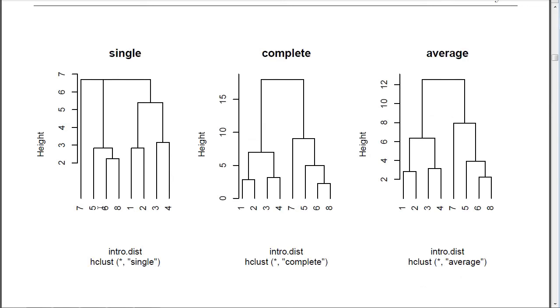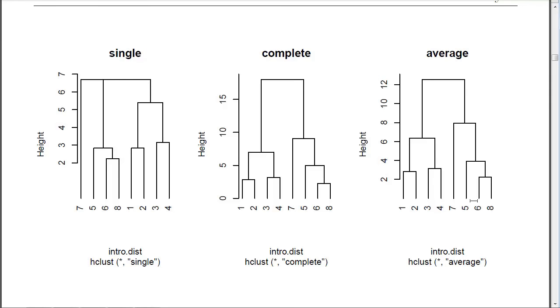So we saw before that observations 6 and 8 were grouped together first, and you can see that these two branches of the tree join lowest on the height because they were the closest. Then we ask what's the next closest, and I think we did average linkage in the example above.